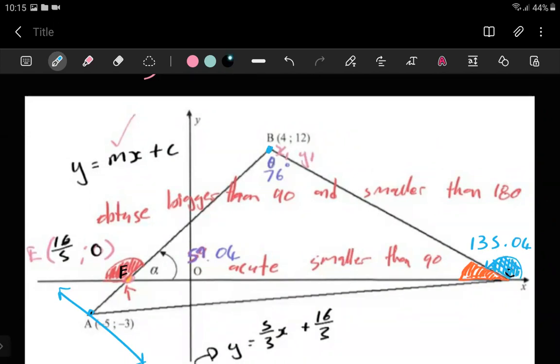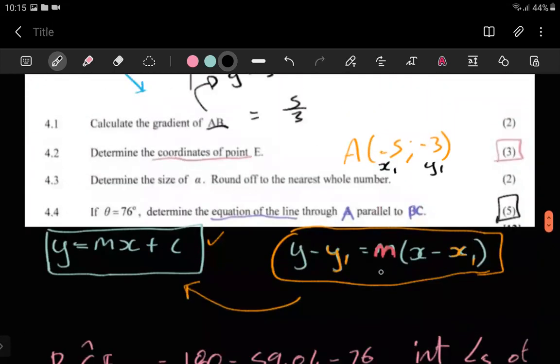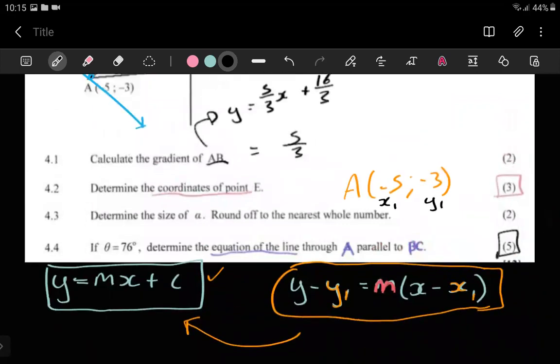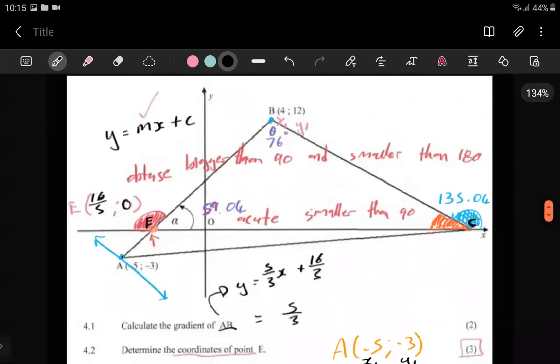Hooray! So you can see here, it's a 5-mark question, and the theme with all 5-mark questions is you don't just jump to the answer, you have to follow a trail. Now we have this angle of inclination, which is going to help us get the gradient of our line, because the gradient of our line is the gradient of BC since they're parallel.